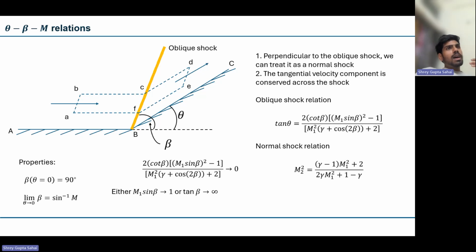So perpendicular to this Mach wave, the flow is sonic, and we know that downstream of a normal shock, when the upstream flow is sonic, the downstream is also sonic. So if we know the Mach number normal to the shock, Mn1, is 1, we know Mn2 is also 1. We know beta is sine inverse of 1 over M1, but the deflection angle is still 0, so the flow is not getting deflected.